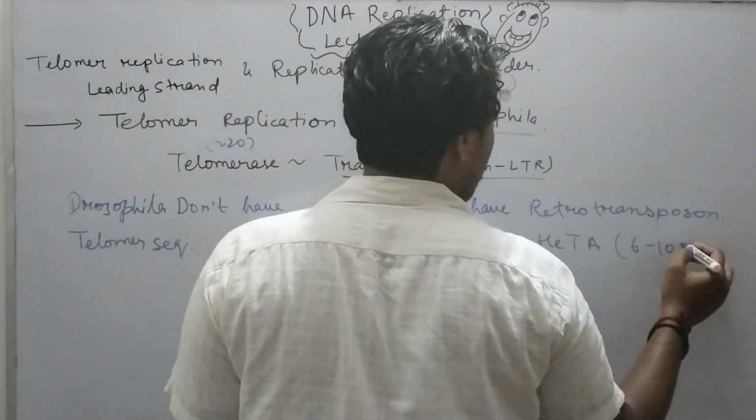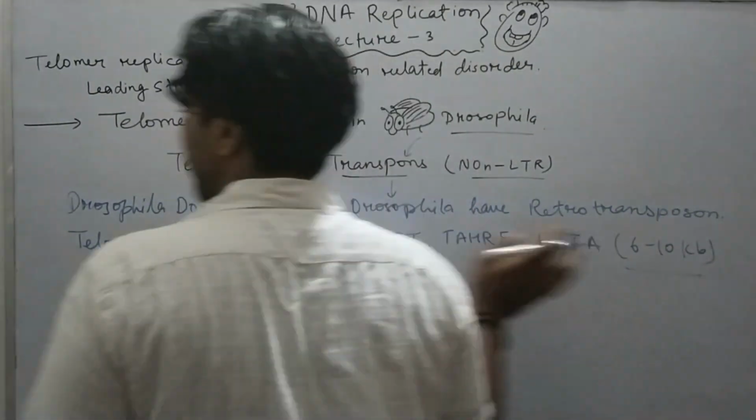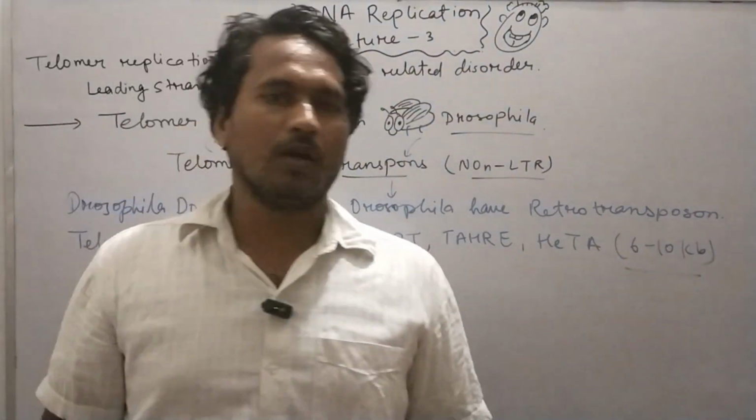It will repeat around 6 to 10 kb in length. So their repetition is much longer than the telomere.